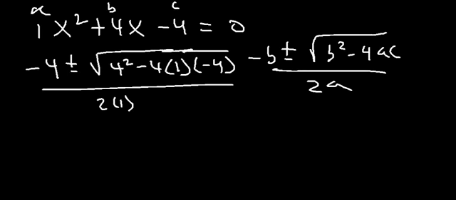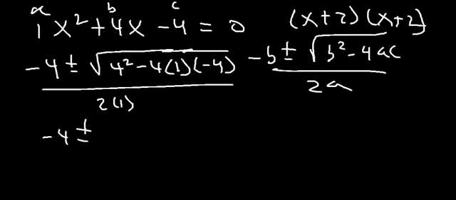If it was x squared plus 4x plus 4, we could have factored it as x plus 2 times x plus 2. But two numbers that multiply to negative 4 but add to positive 4, that doesn't work. But we can still figure it out.